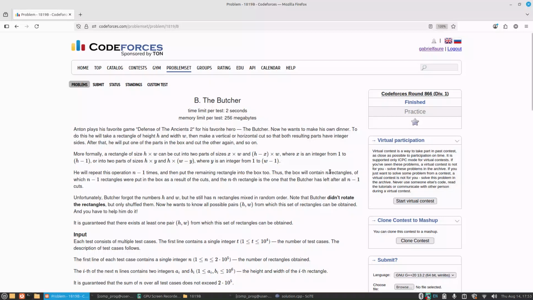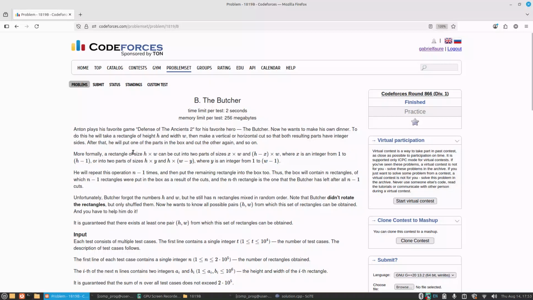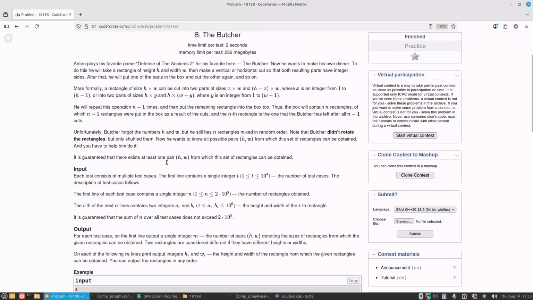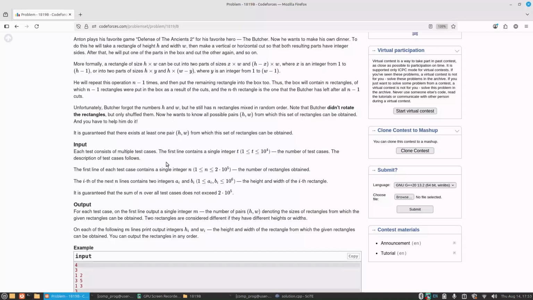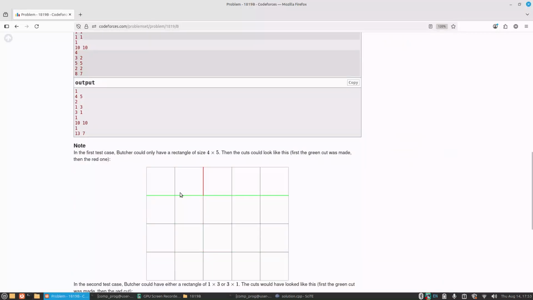So the box will contain n rectangles, and you can do this operation n-1 times, yep. So all possible pairs, we have to count the number of pairs. Okay, no, all the pairs, and yep. So I'm guessing there won't be too many pairs.